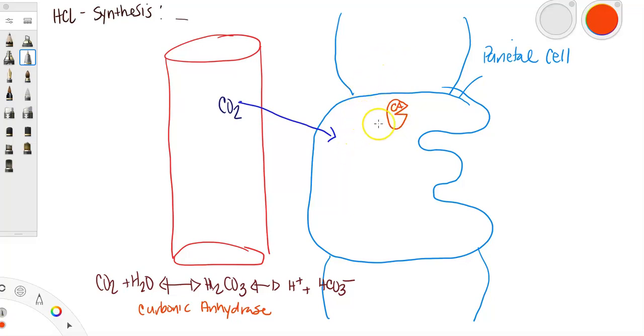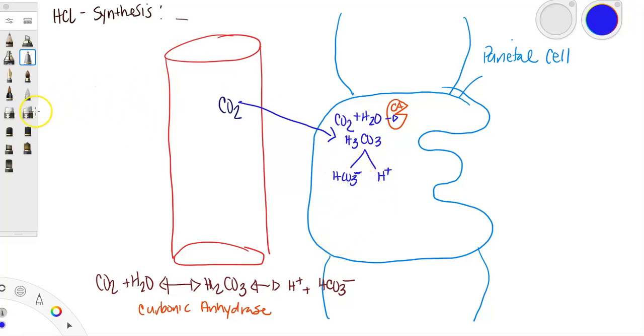So we have our CO2 that came in, and we add some water, and through the carbonic anhydrase we get carbonic acid, and we can break that down into hydrogens and bicarbonate.